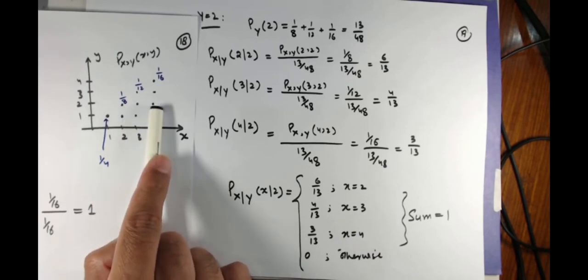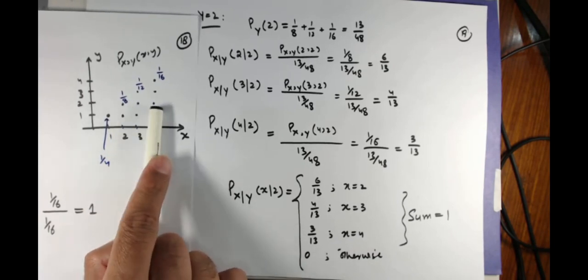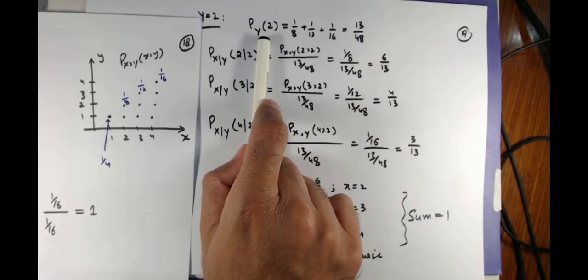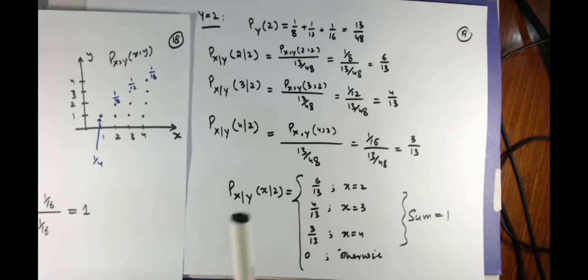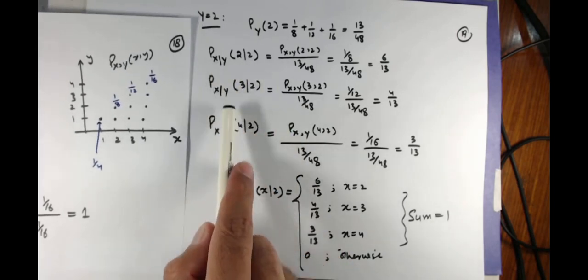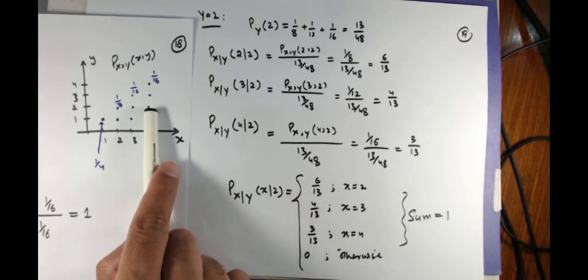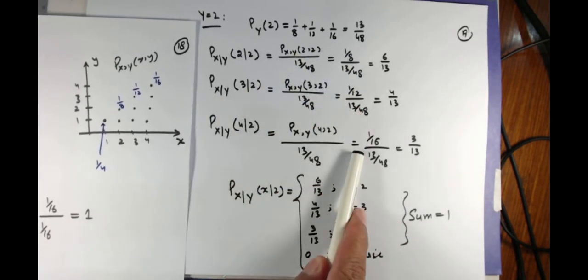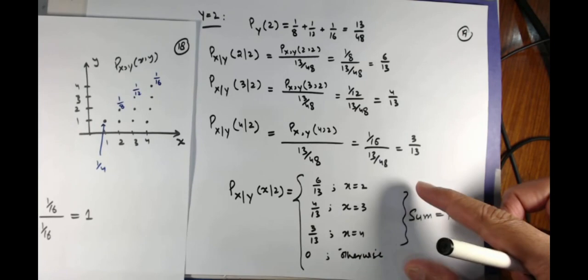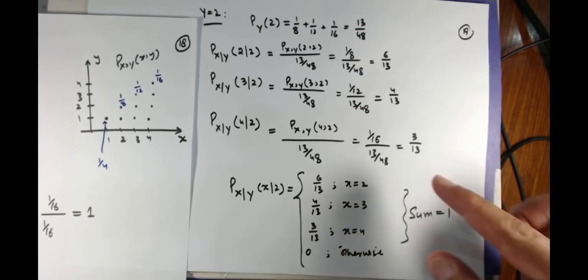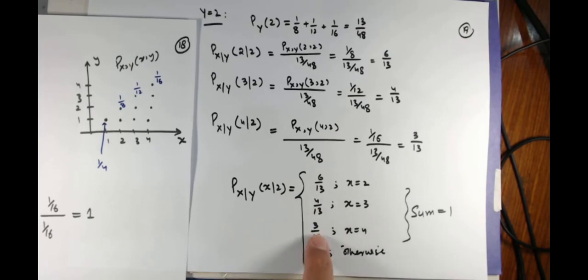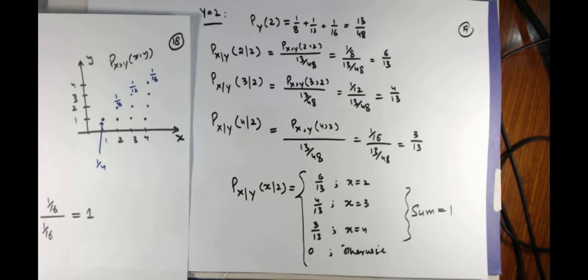The sum of the probabilities of these 3 points gives you the probability that y is equal to 2. Then we run the formula, basically dividing each of these 3 points by it, and we get a new PMF of x, which is P sub x given y of x given 2, with 3 different probability values.